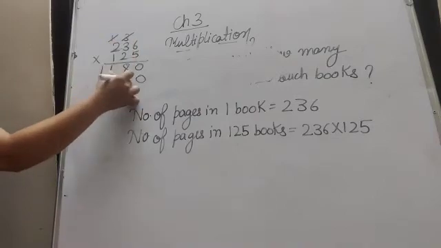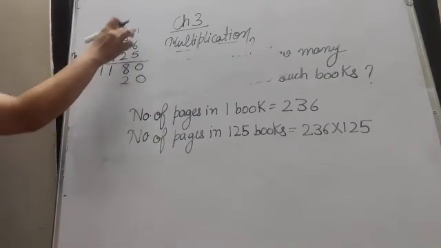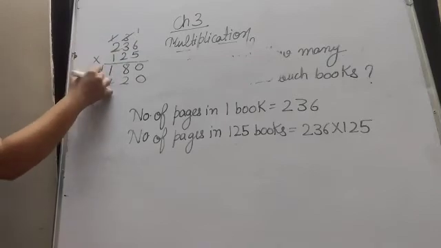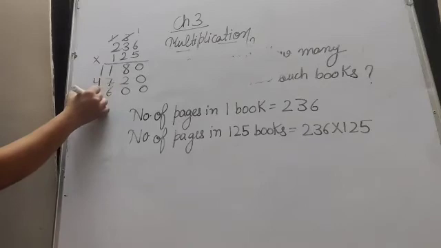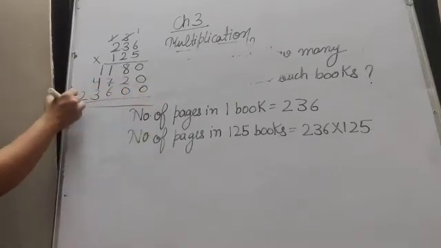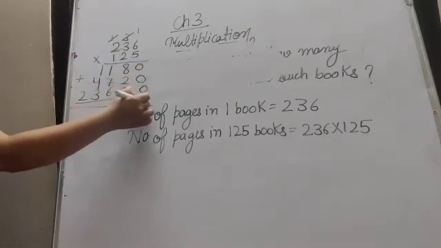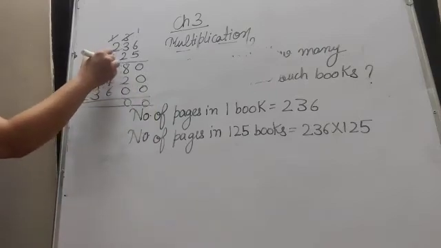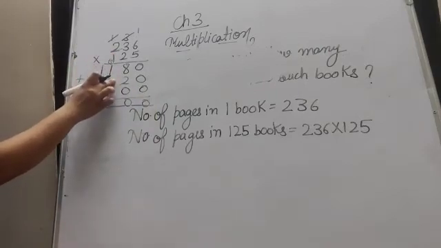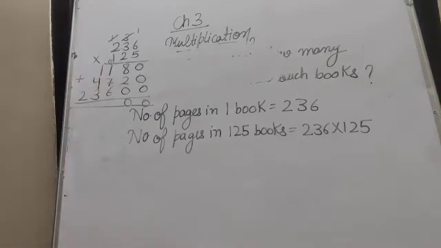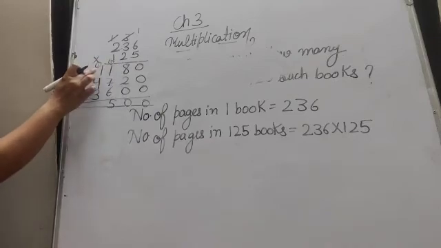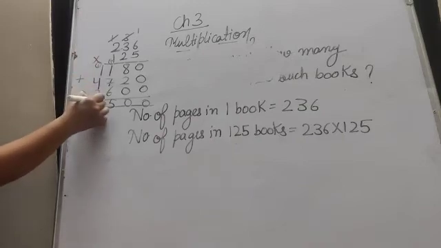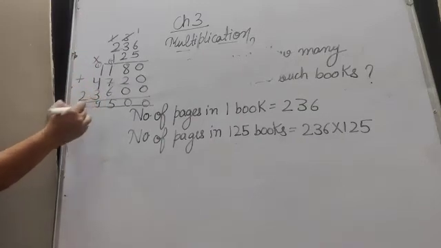Now 2 6s are 12, 2 3s are 6, plus 1, 7, 2 2s are 4. 6 ones are 6, 3 ones are 3, 2 ones are 2. Okay, 0, 10, 1 plus 7, 8, plus 6, 14, plus 1, 15, 4 plus 1, 5, plus 3, 8, plus 1, 9, and here 2 as it is.